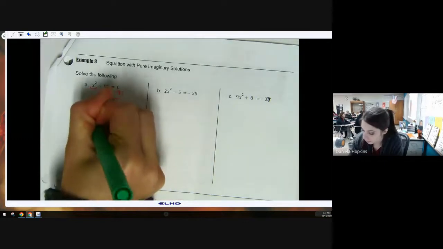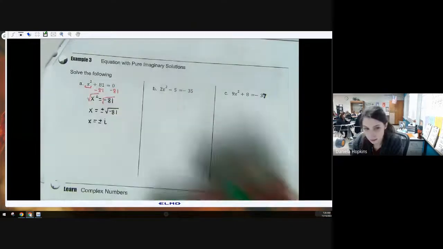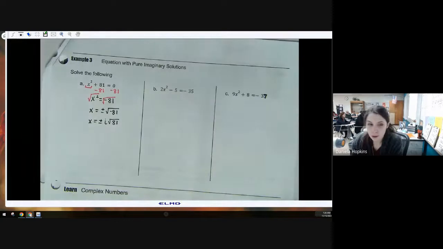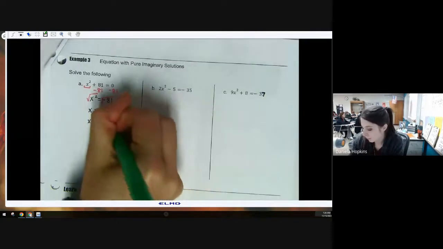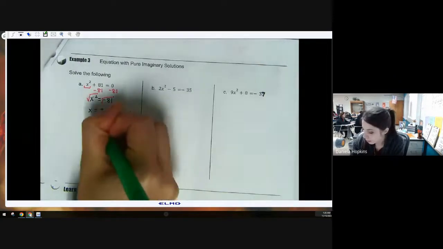I'm going to write some extra steps. Maybe you can jump right to the final answer, but I'm going to kick out an i, and I'll have the square root of positive 81. If we think about our perfect squares, which perfect square divides 81? 9, because 81 actually is a perfect square, right? So there's our pair.